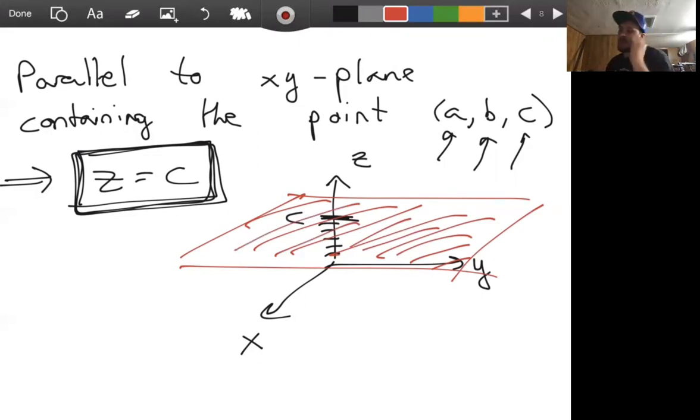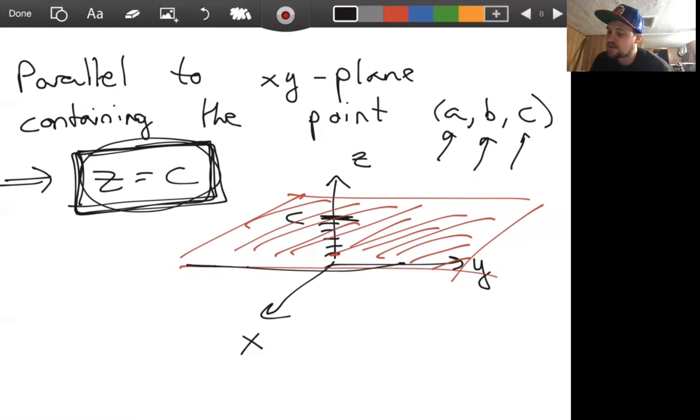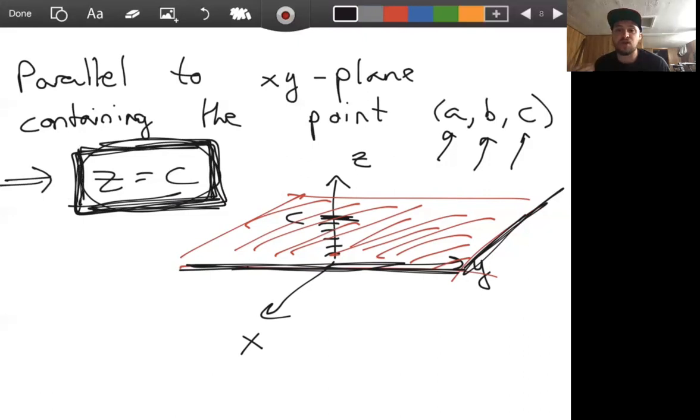And this makes sense in terms of viewing our equation as rules and restrictions for what possible values our surface can take. Because here, notice X can be anything. I can go to positive and negative infinity in the X direction, and in the Y direction, but I'm stuck at the level Z equals C. I'm restricted by this value. And so that's why we have this plane here.